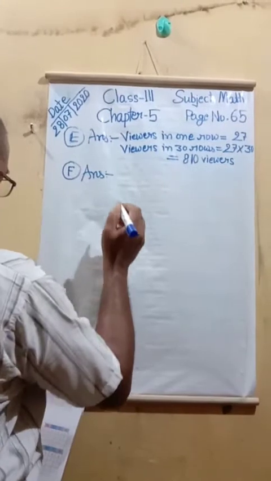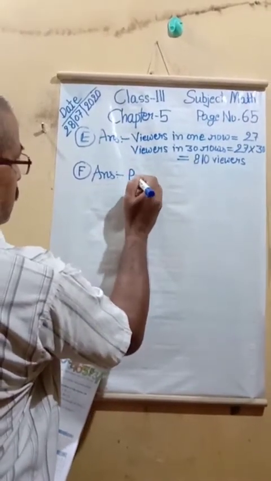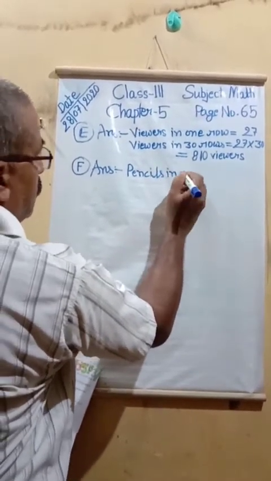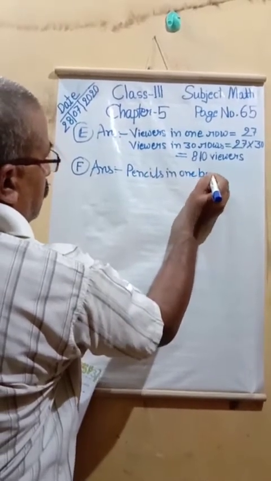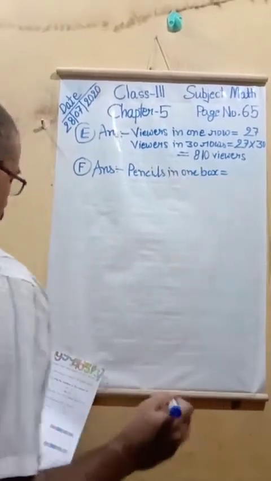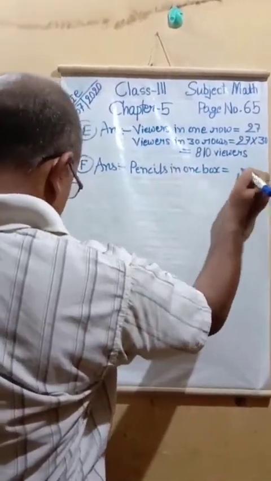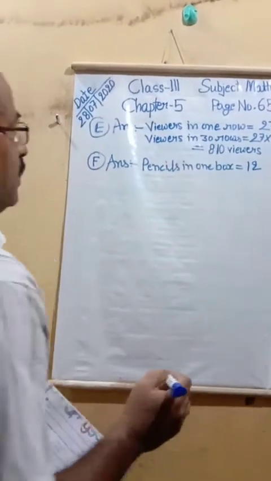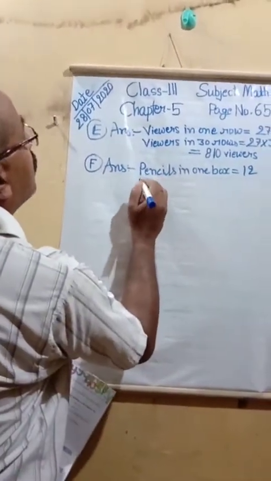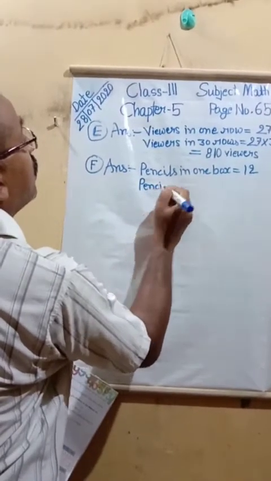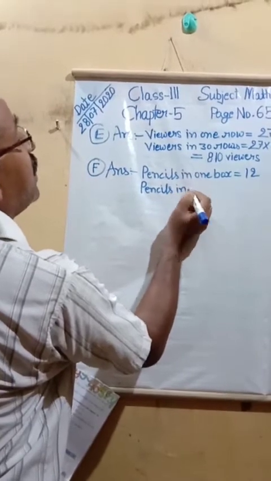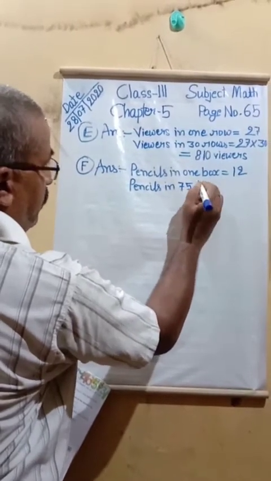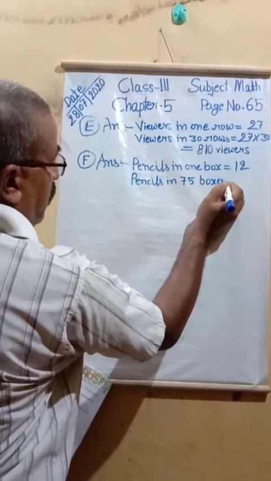Pencils in one box equal to 12. Now pencils in 75 boxes.